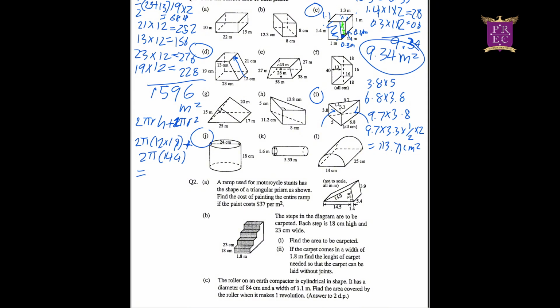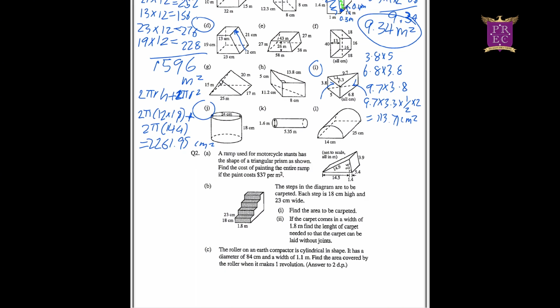So the answer for J will be 2,261.95 square centimeters. This should be your answer. See if you got it. If you didn't, see what went wrong and try it again.